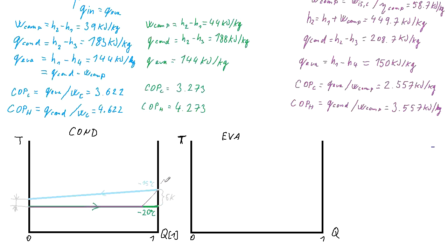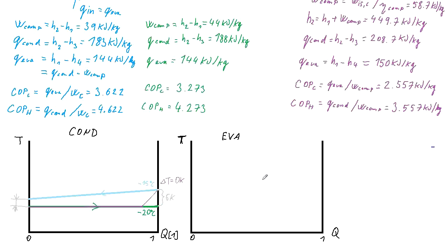And what would happen? The minimum temperature difference over here would actually be 0. So the system could not work like this, and either the superheating would need to be lower, or the evaporation temperature would need to go lower.